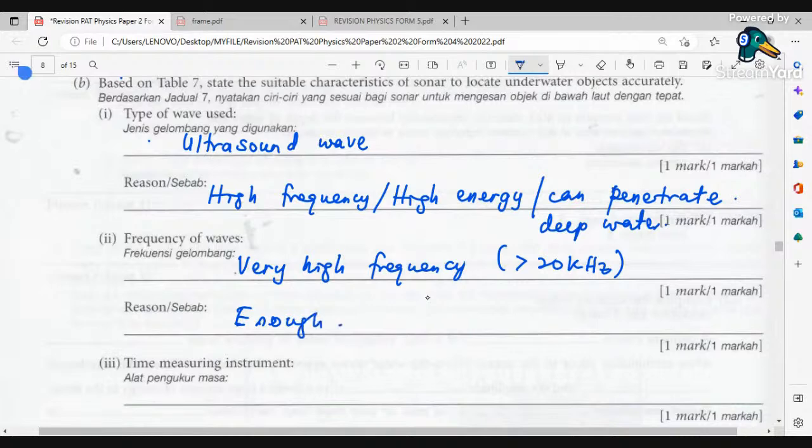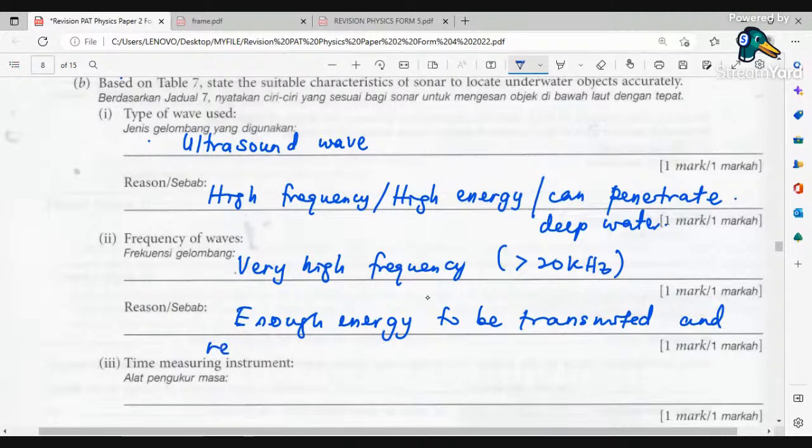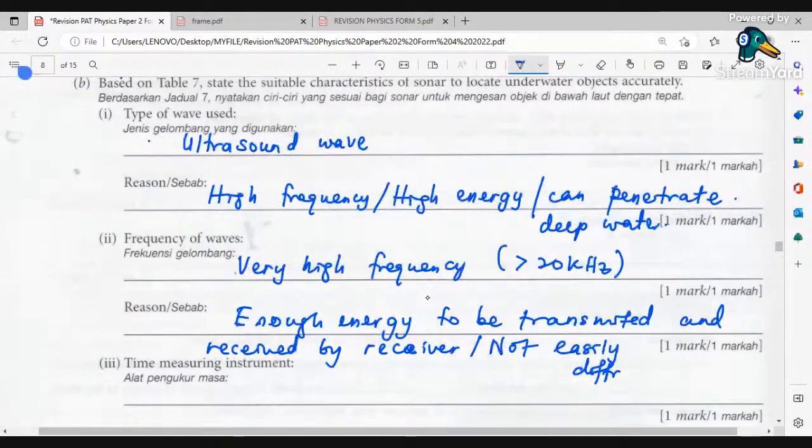Enough energy to be transmitted and received by receiver. Okay. Lagi satu ialah not easily diffracted. If easily diffracted, its amplitude will become smaller, so the signal received will become very weak.